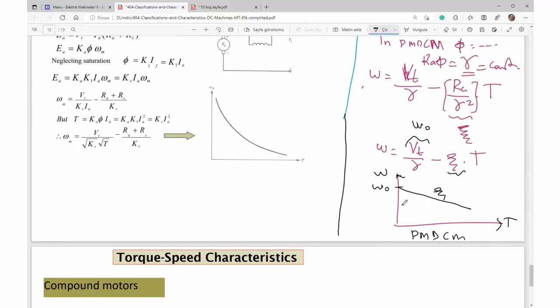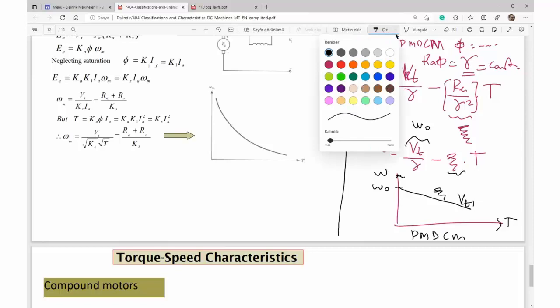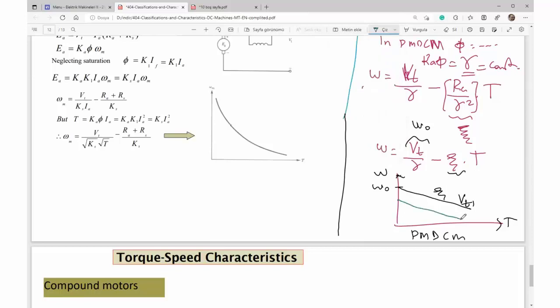And in this curve, when you change voltage, let's say that is V terminal 1, and then let's decrease to V terminal 2. That is the speed curve for another voltage, terminal voltage 2, which is less than terminal voltage 1.